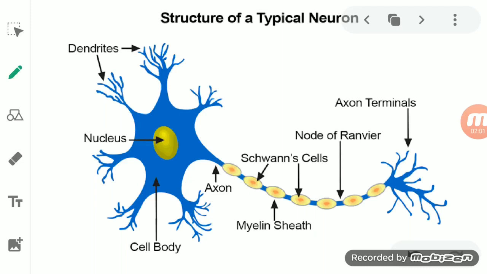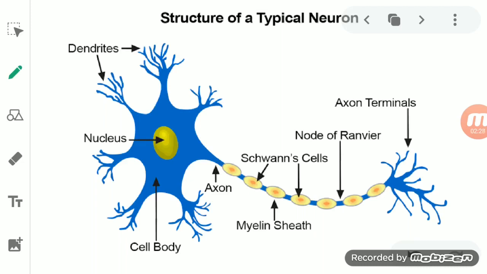Basically, the function of the neuron is receiving the stimuli and responding according to the information sent by the brain. So it helps in receiving stimuli from the body, and it helps in conducting or sending the signals to the different parts of the body.